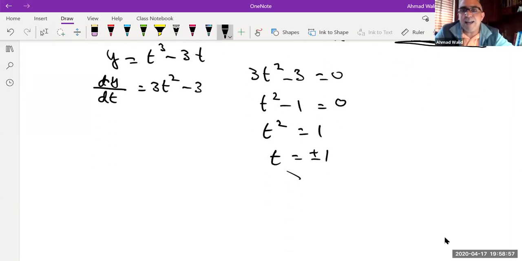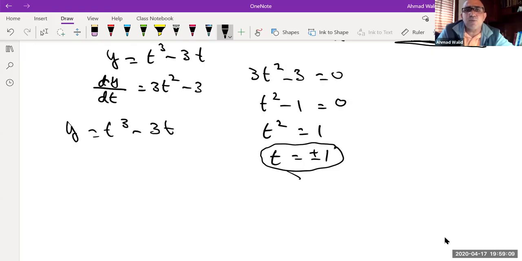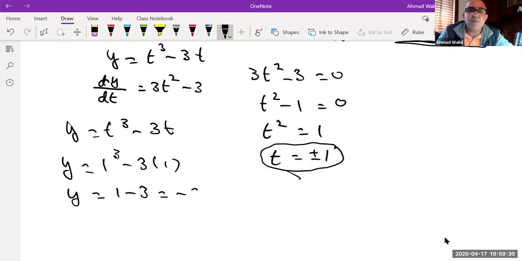Now, if I plug the value of t back into this equation, y equals t cubed minus 3t. Remember Calculus 1? If I plug in this value, I can find the points where the tangent is horizontal. Let's start with positive 1: y equals 1 cubed minus 3 times 1, which is 1 minus 3, negative 2.